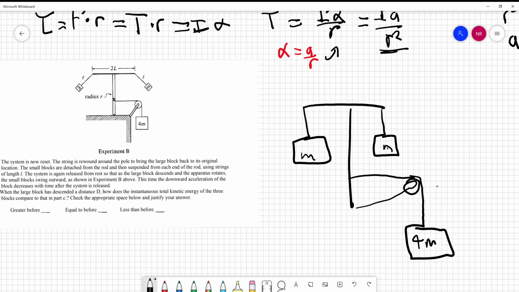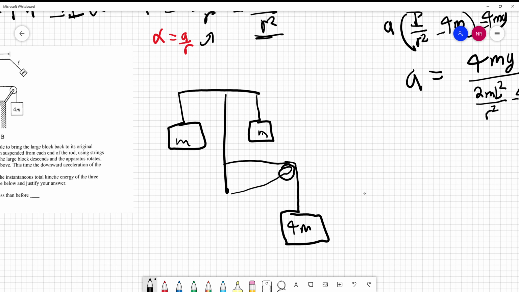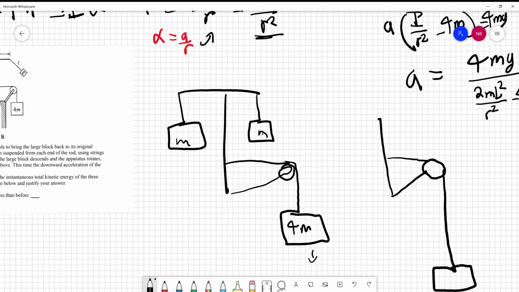So that's what it's going to be like at rest, but then later, once this block drops down a little, it's going to look a little different. So if this is the pulley, the 4m block is going to be further down, and then this is the apparatus, the string's going here.